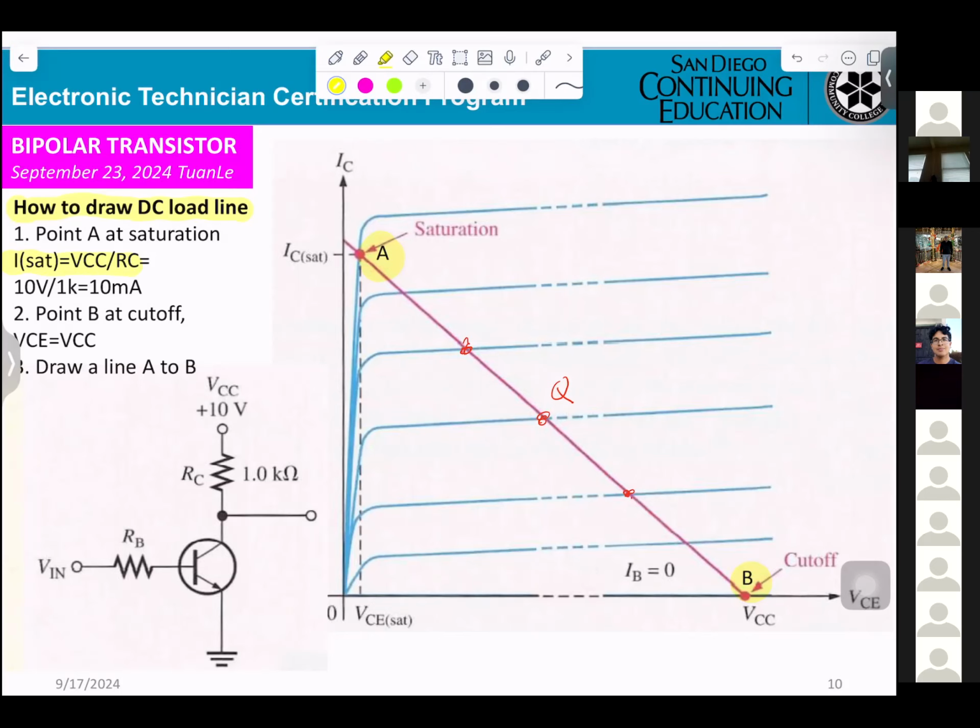You take 10 volts divided by 1 kilo ohm, and that's what you get for I saturate. 10 volts divided by 1K, you get 10 milliamps. That means this is the 10 milliamp.